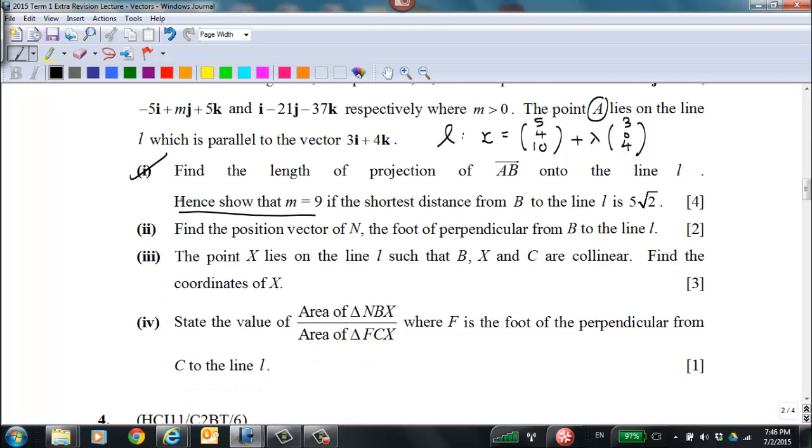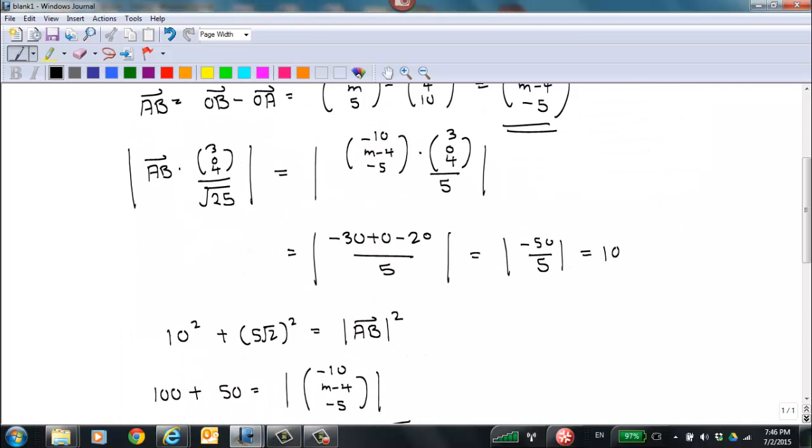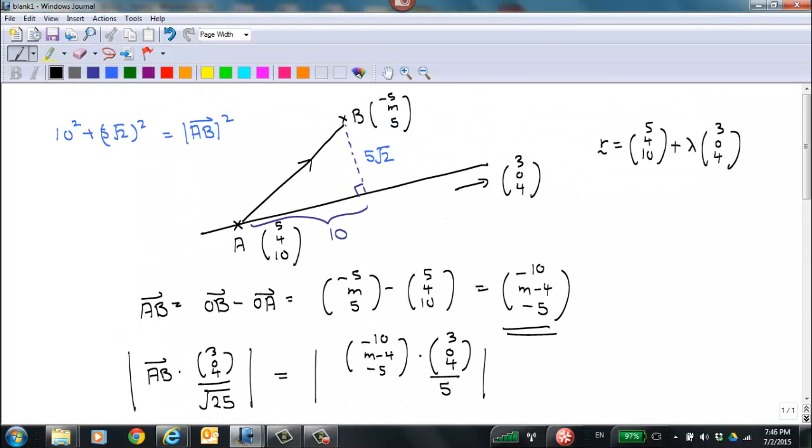So how to do part 2? We need to find the position vector of N, the foot of the perpendicular from B to L. Picture-wise, this is the picture, and this is defined as N, the foot of the perpendicular. We will do the standard way. First, take note that because N is on the line, ON will take the expression of the equation of the line.